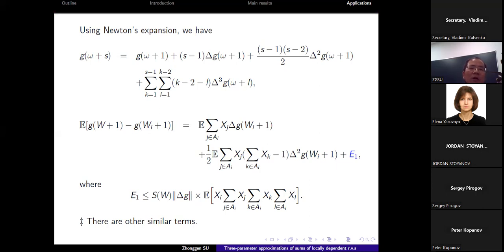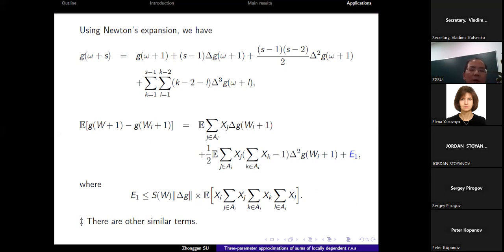This formula is well known in calculus, so we use this Newton expansion for integer valued functions.